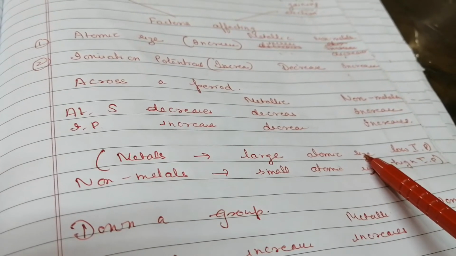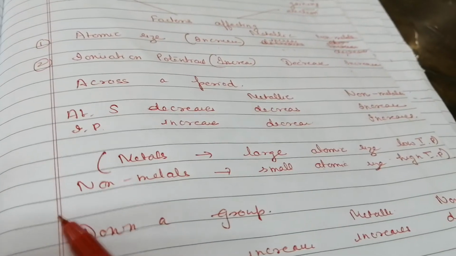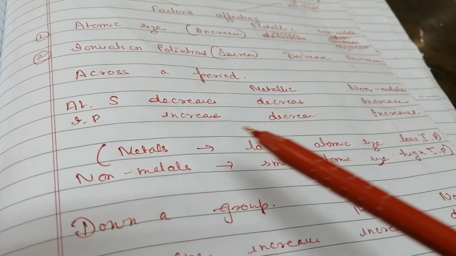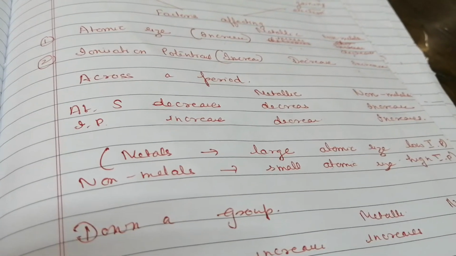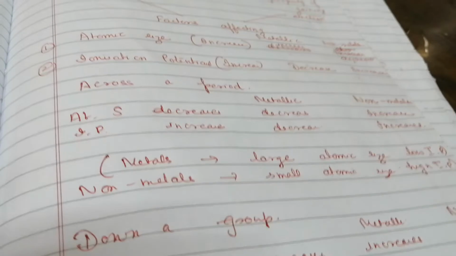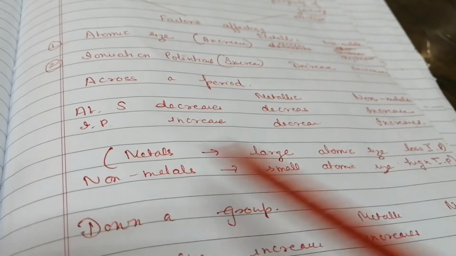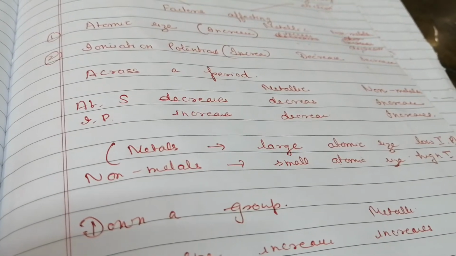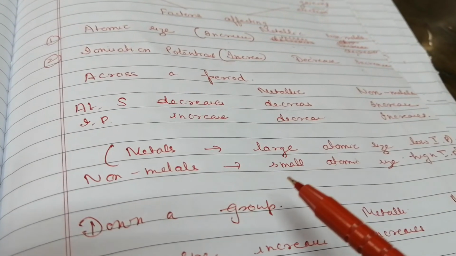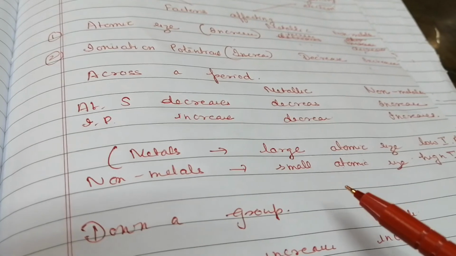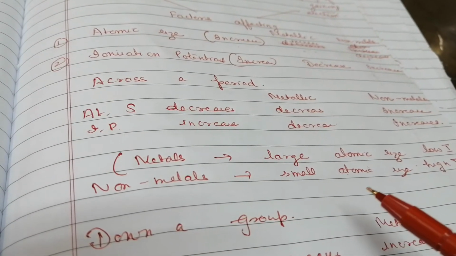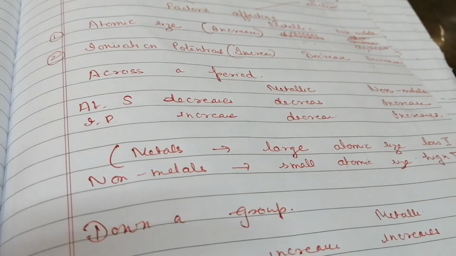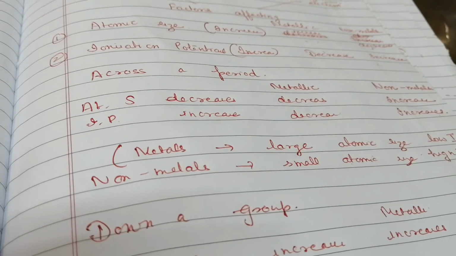And we see that also, like we start from the alkaline earth metals, and then we come on to the transition elements, all metallic, and then after that post-transition we have weak metals, and then we have the non-metals. So as we move across the period, we are moving from the metallic to the non-metallic elements. That is, from elements with large atomic size to elements with small atomic size, and from elements with low ionization potential to elements with high ionization potential.